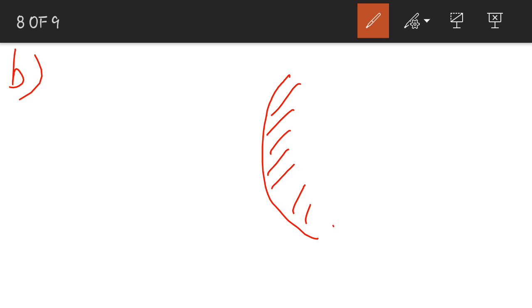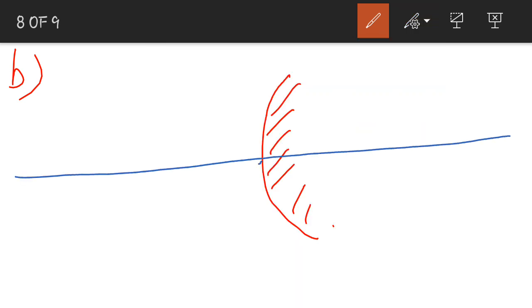Now coming to the second question. It is told that the ray is directed towards its principal focus, meaning we are striking it towards the focus. So this is our convex mirror, this is our principal axis, and this is pole, focus, center of curvature.